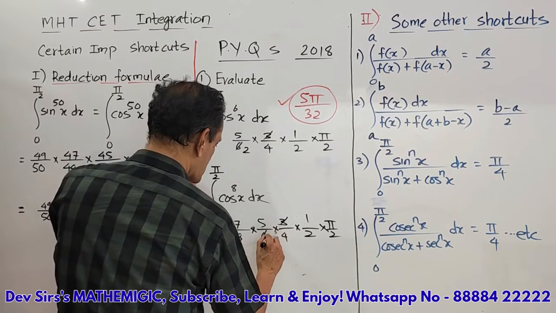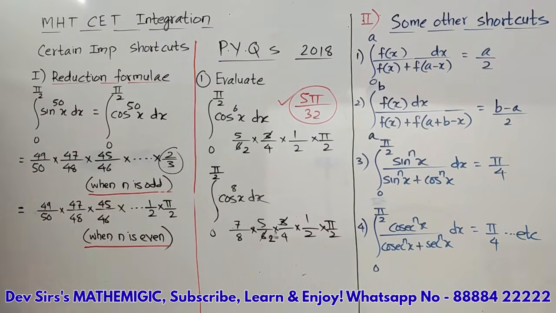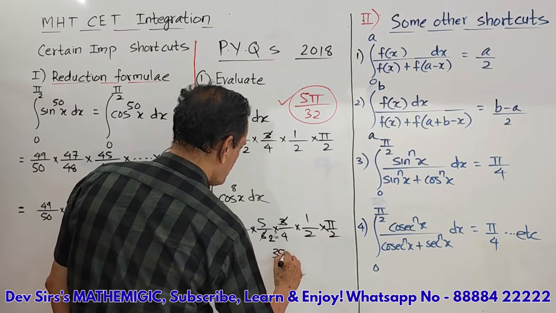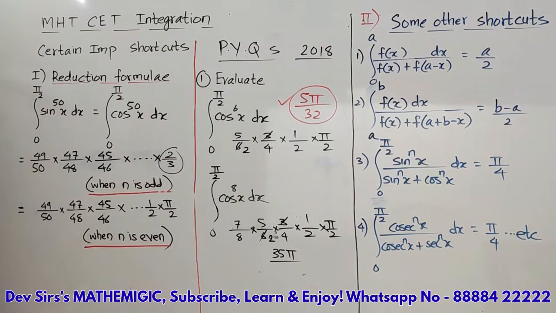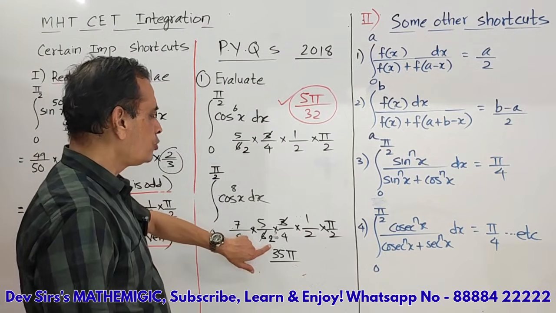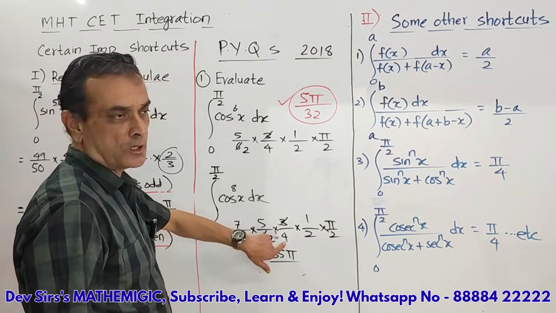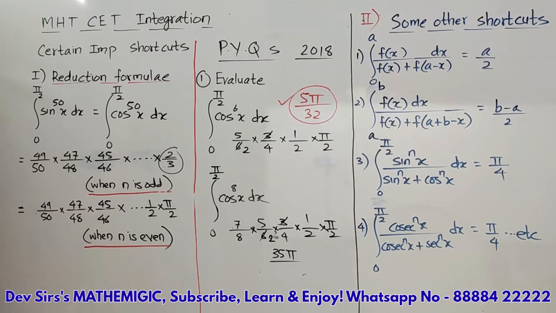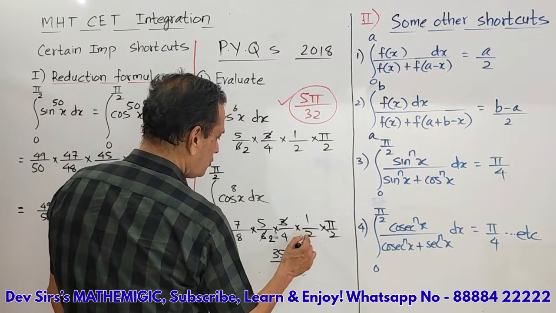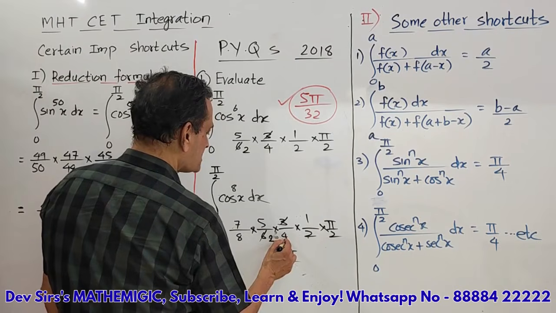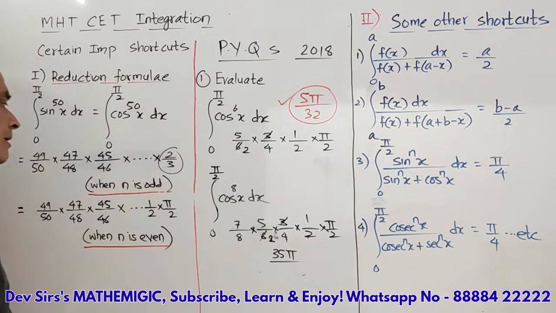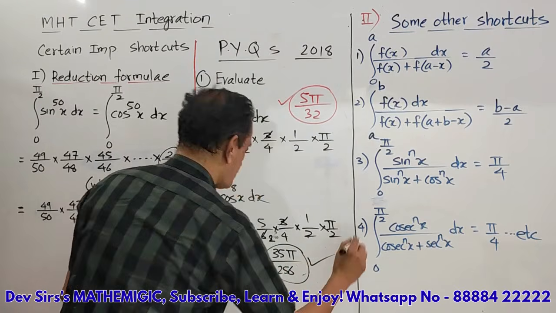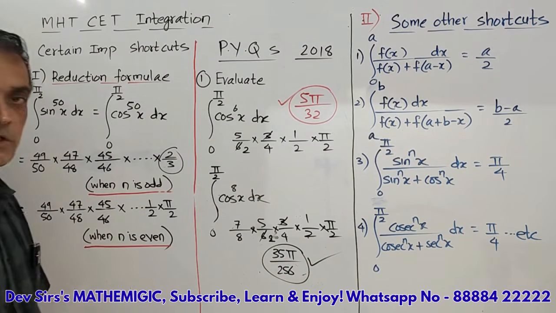3 2s are 6. 7 into 5 35 into pi. 8 into 2 16. 16 into 4 64. 64 into 2 128. 128 into 2 भी है वहाँ पे 256. चेक करो वापस. 2 into 2 4. 4 into 4 16. 16 into 2 32. 32 into 8 256. फॉलोड? अच्छा है ना फॉर्मूला यूज करने के लिए.